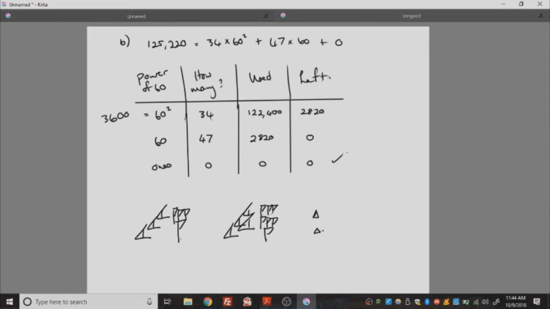Those aren't very close together. They should be a little closer together. Any questions or comments on that one?